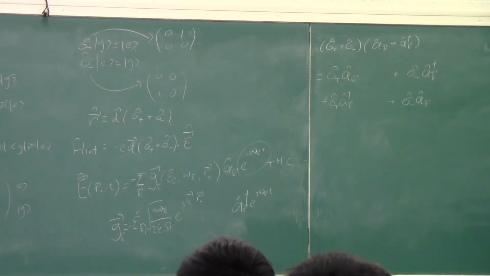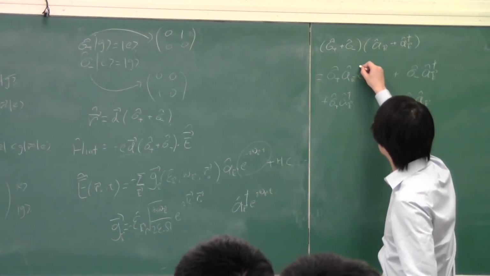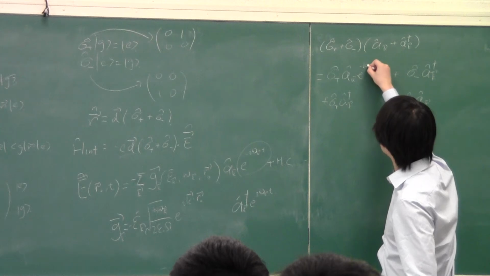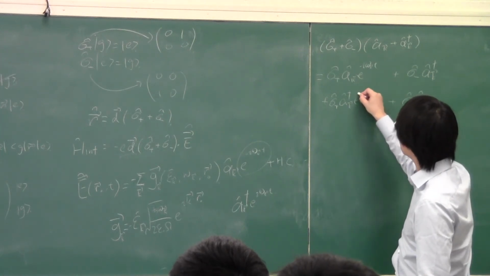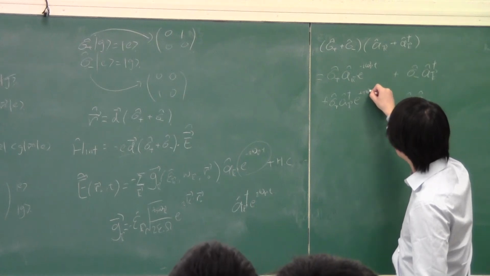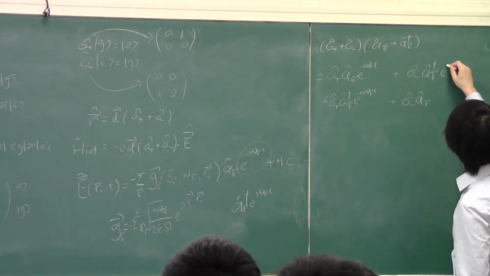And of course, let's attach the field time dependence to them. There's an e to the minus omega k t here, e to the plus here.